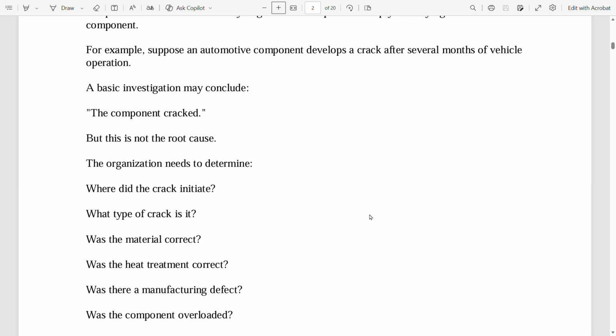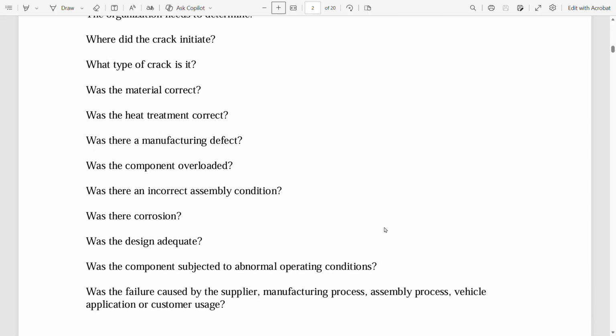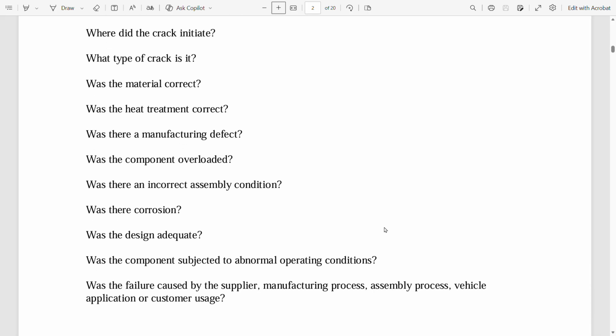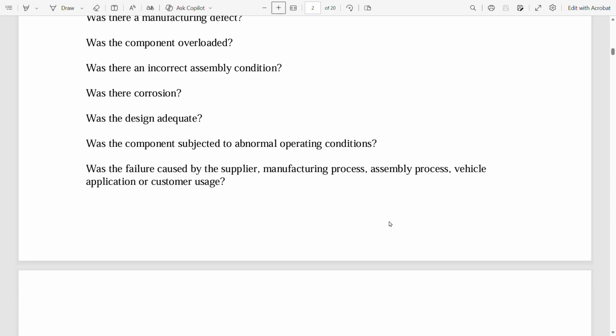The organization needs to determine where the crack initiated, what type of crack it is, was the material correct, was the heat treatment correct, was there a manufacturing defect, was the component overloaded, was there an incorrect assembly condition, was there corrosion, was the design adequate, was the component subjected to abnormal operating conditions, was the failure caused by the supplier, manufacturing process, assembly process, vehicle application, or customer usage?